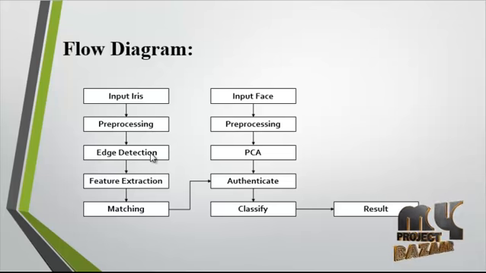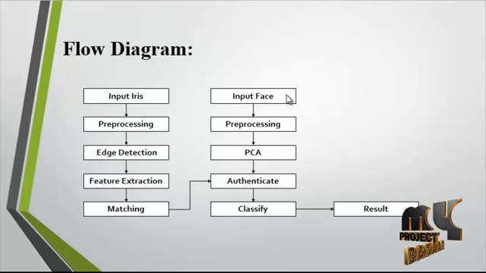Then the noise filtered image goes to the edge detection process, where we use the Canny edge detection. Then the feature extraction is carried out using the RAIS transform. By applying the RAIS transform to the image, we can extract the features from the image.